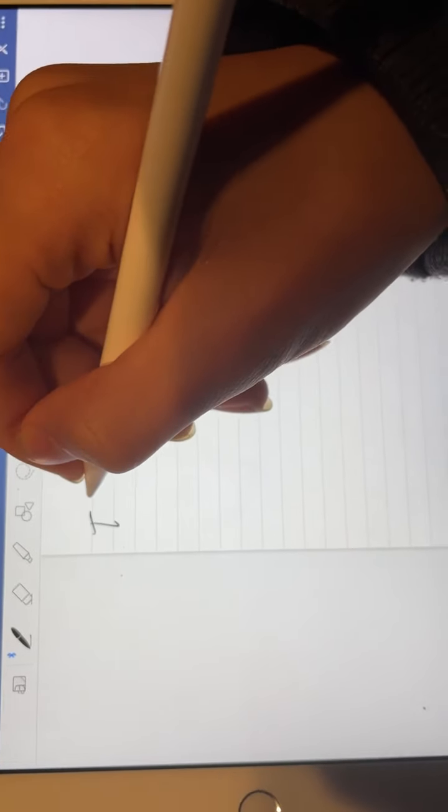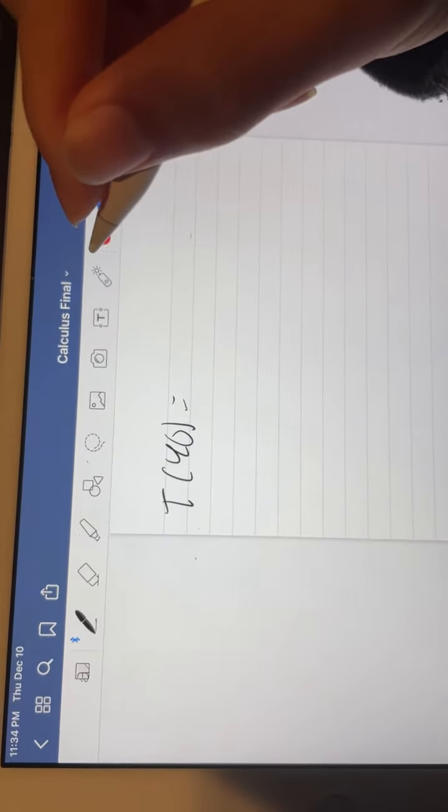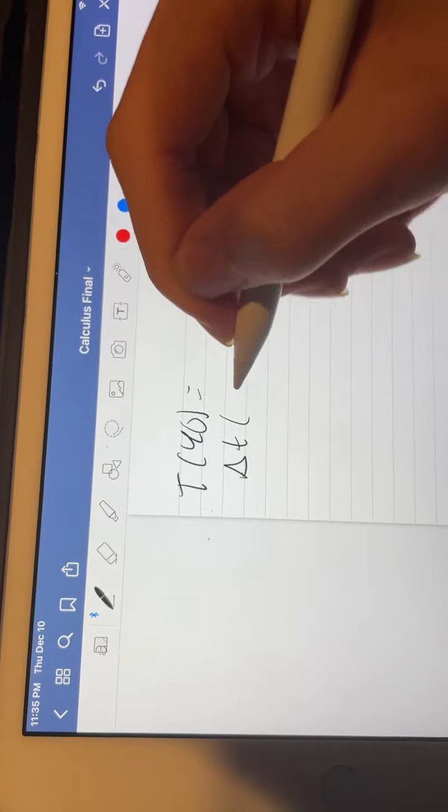Now that we have everything for the t's, T40 would then equal, so you take delta t and you would substitute in all the 5.